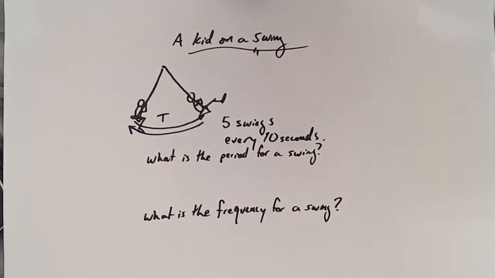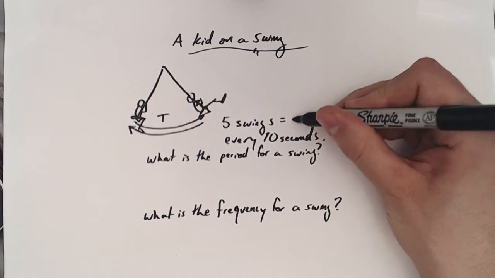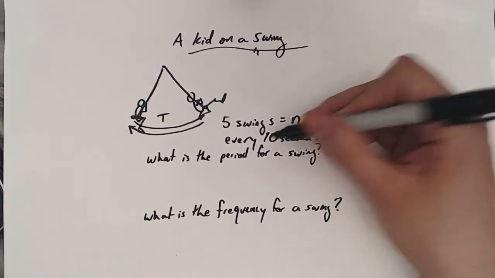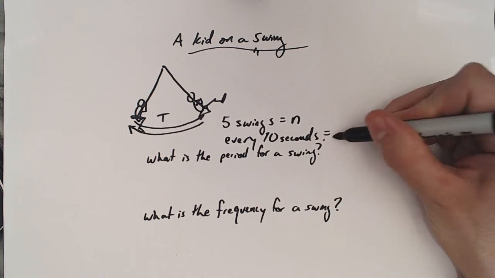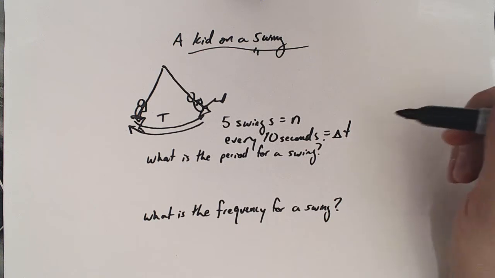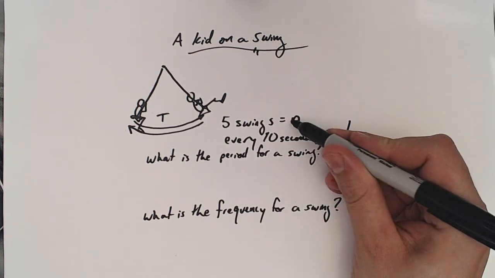So, let's talk about what our variables are here. Here I've got 5 swings. That's an integer count of how many complete back and forth motions occur. 10 seconds, that's the amount of time I watched this kid swinging on the swing. Period for a swing, that's how many seconds per oscillation.